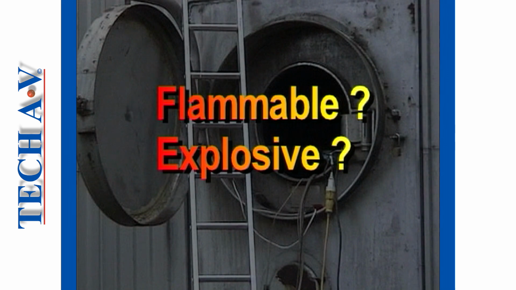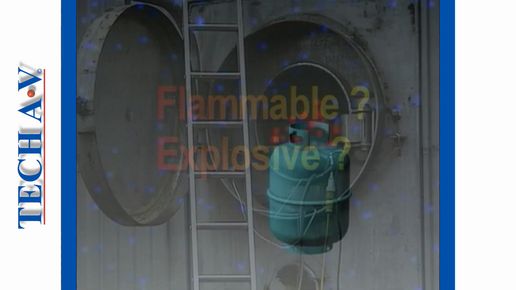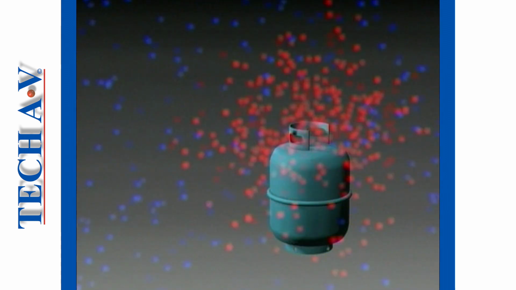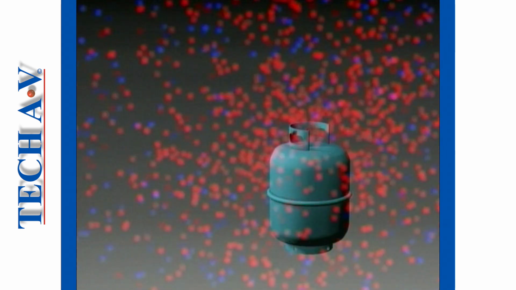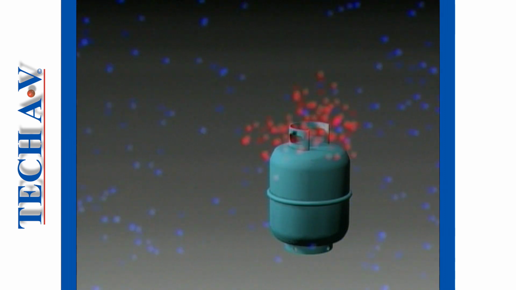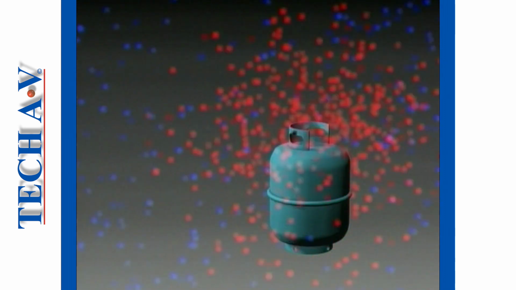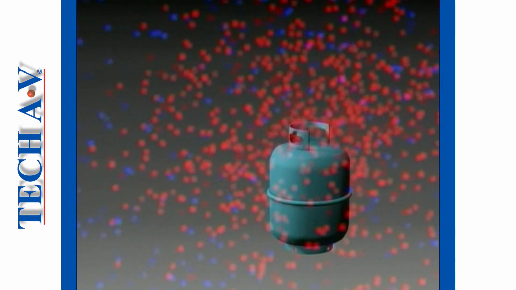When is the atmosphere in a confined space considered to be flammable or explosive? To answer this question, we need to explain a little basic science. Gases and vapor are basically substances that consist of randomly moving molecules or particles.